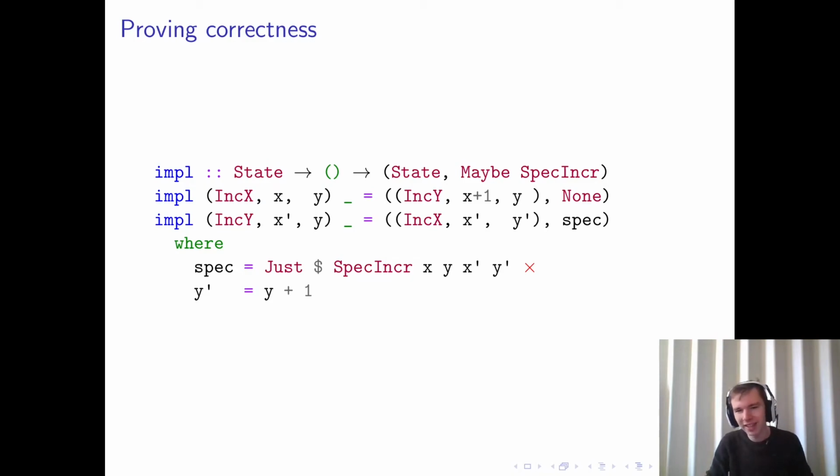Now, as it is now, we cannot actually show that our specification is correct. It knows that y prime is in fact y plus 1, but there's no guarantee that x prime is in fact x plus 1. So we solve this by placing a refinement on the state.